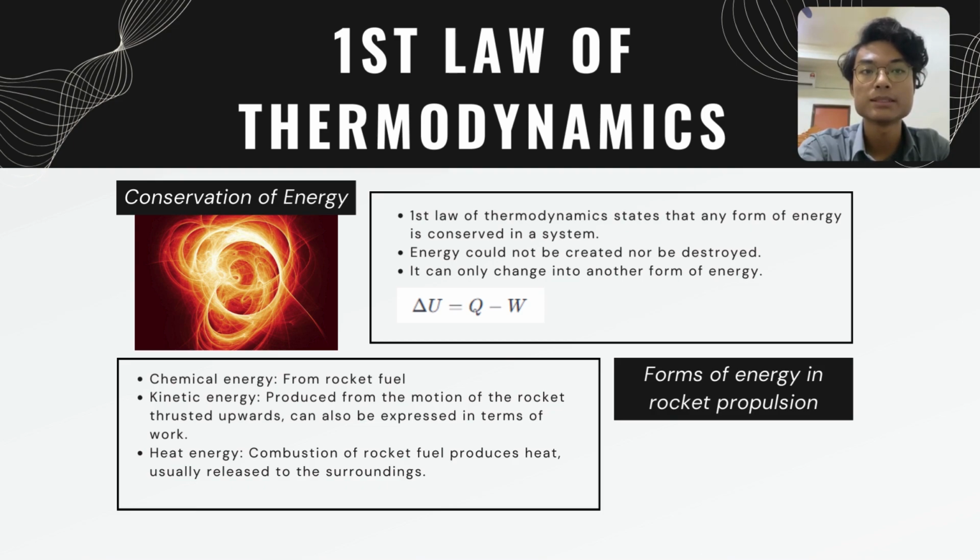The thrust will propel the rocket upwards, and this produces another form of energy, which is kinetic energy. We also have heat energy. As we know, combustion will produce heat, so in this application, usually heat energy is released to the surroundings.